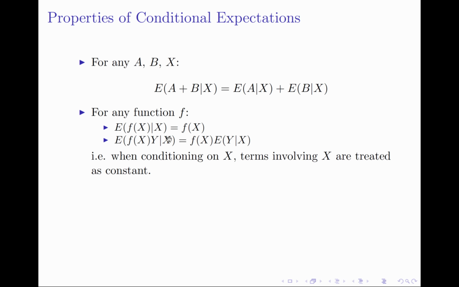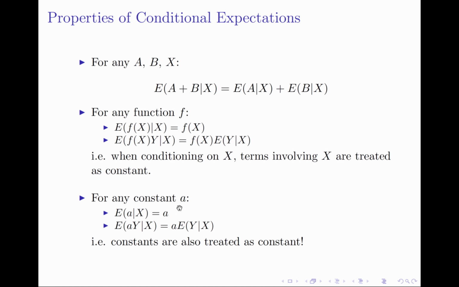When we condition on X, those terms that have X in them can come outside of the expectation. In addition, if there are any constants in there as well, then they have the same property. So the expected value given X of a constant is the constant itself, and the constant can be taken outside of the expectation in a more complicated expression like this.